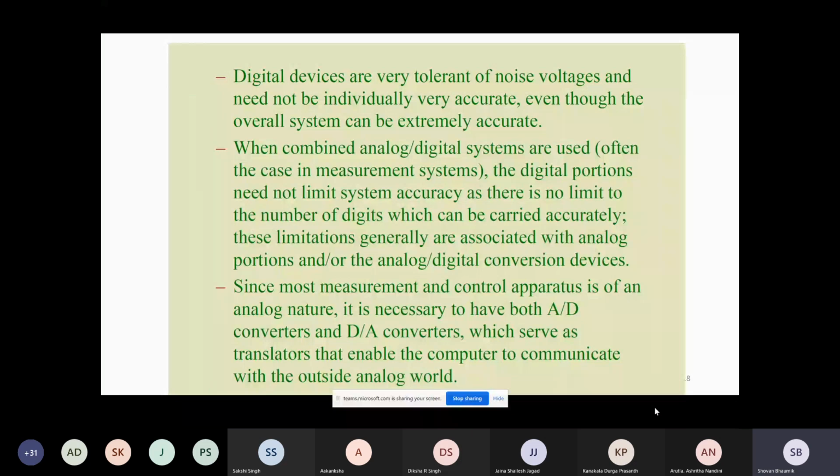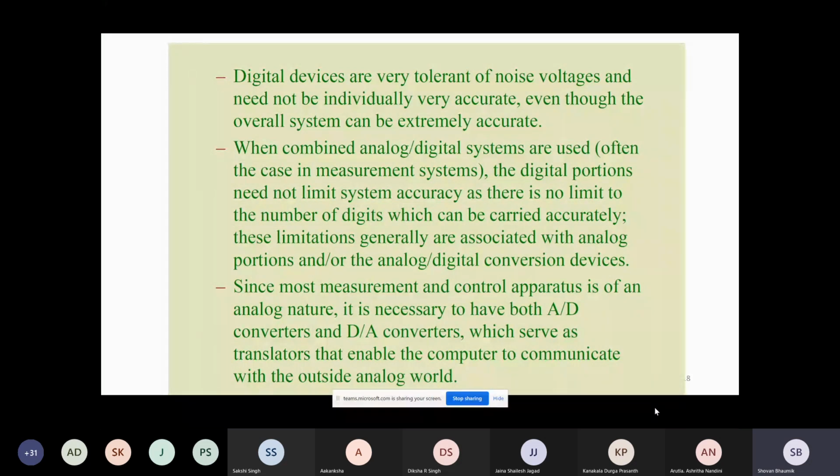Either it will be in one state or in zero state. So digital devices are very tolerant of noise voltage and may not be individually accurate because the output voltage is either 1 or 0, but because of this tolerance of noise, the overall system could be extremely accurate. So for that reason, digital signal is coming to the picture, and it is most important.